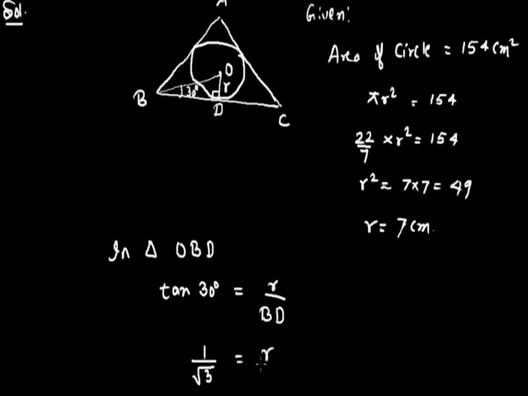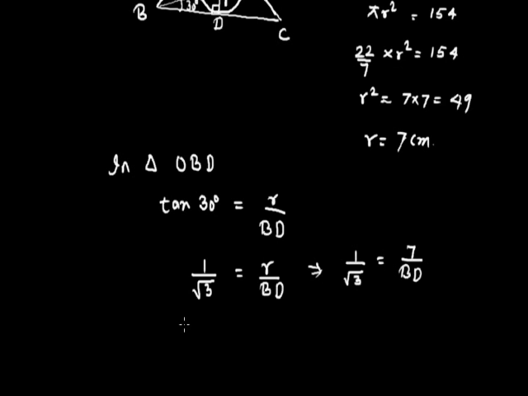So 1 by root 3 equal to r upon BD. From here, our radius of circle we have found, so 7 upon BD. So from here, BD equal to 7 root 3 centimeter.